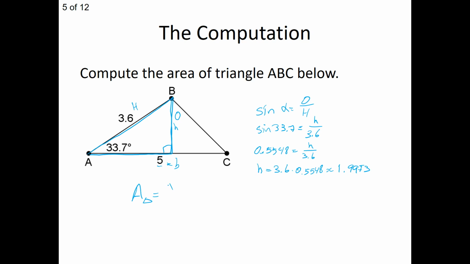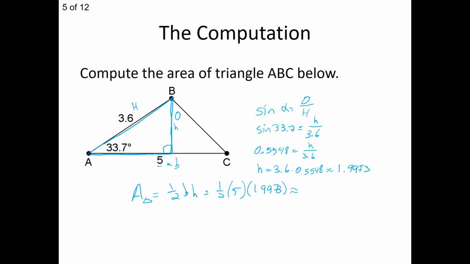So the area of the triangle is 1/2 base times the height, which is 1/2 times 5 times 1.9973. I'm going to round this to the nearest decimal point here. Let me go ahead and do this real quick.